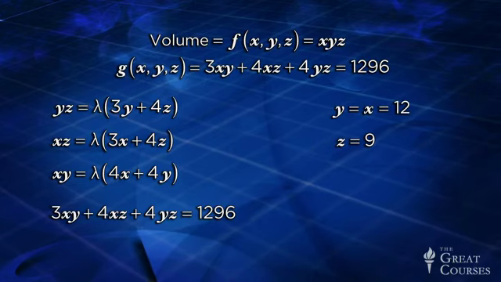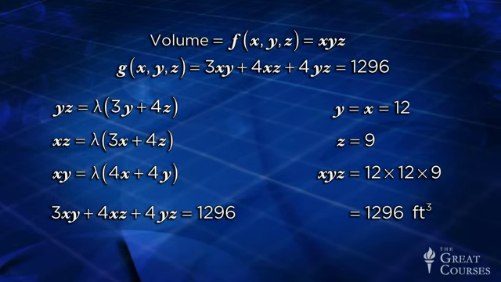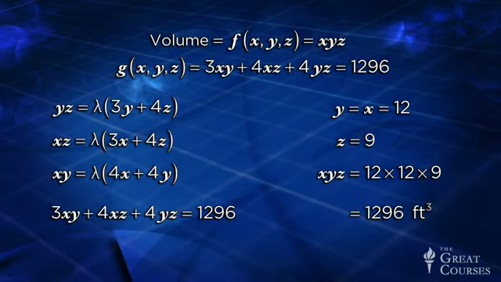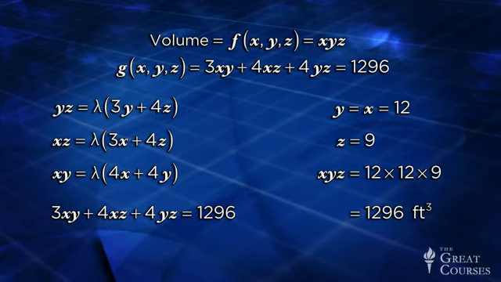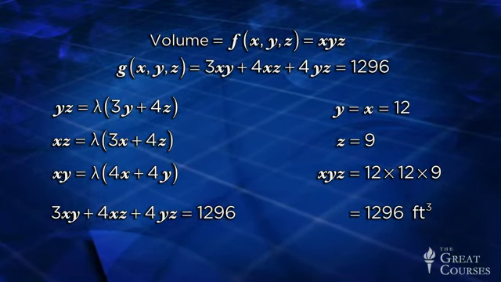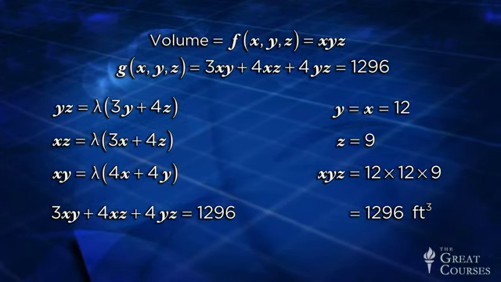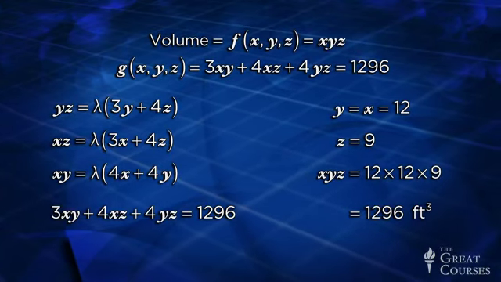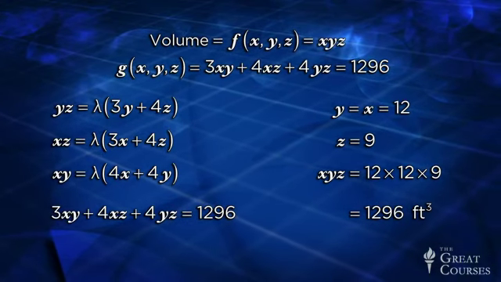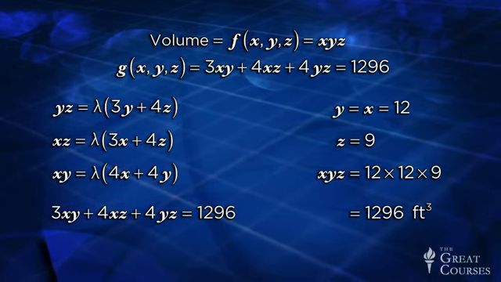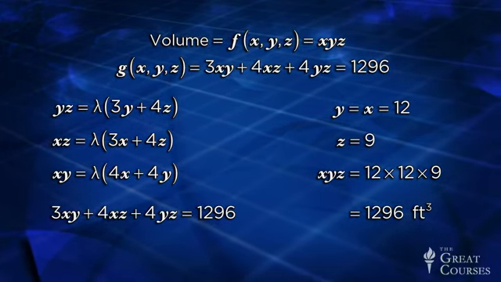So the maximum volume is that product xyz, 12 times 12 times 9, which multiplies out to 1,296 cubic feet. When I saw that, that's kind of amazing. The volume is the same number as the constraint equation, 1,296. I have no idea why that occurred, but what a miracle. It's the same number. And of course, more important, it's the same answer we had earlier in lecture 6.